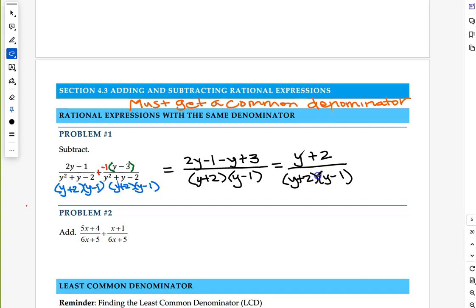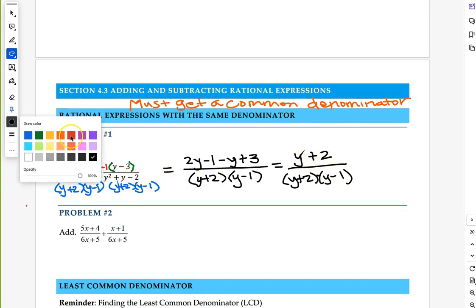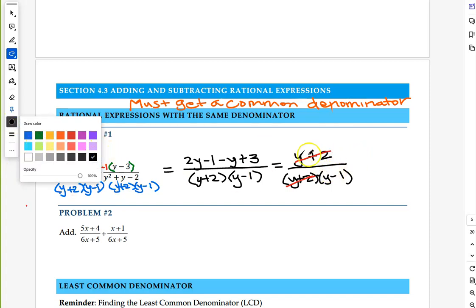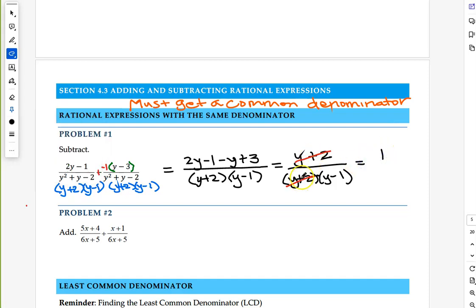I'm connected by multiplication here, so as long as I have one whole term or the other that can divide out, then I can divide those out. So I have the y plus 2 on the bottom that divides out with the y plus 2 on the top, and then I'm just left with 1 on the top, because remember, I divided these out.